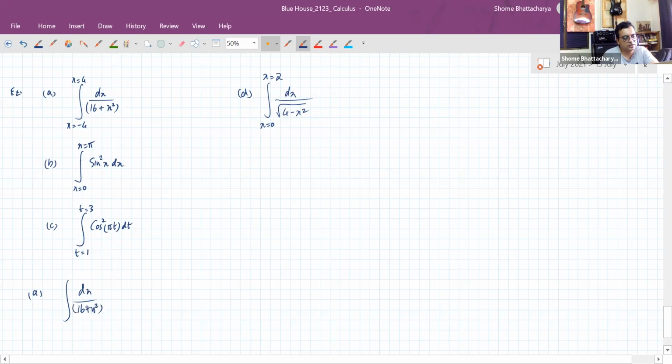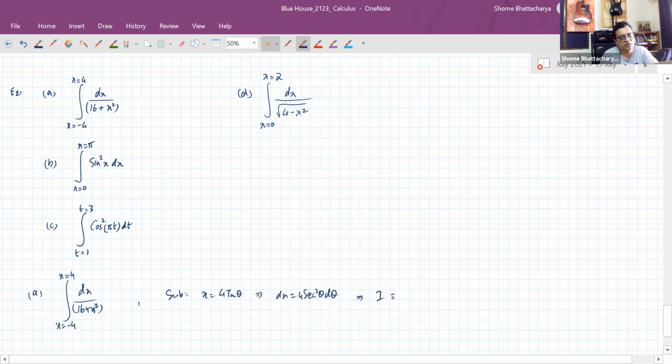So we can solve the integration by either doing substitution or directly applying a formula. So here I'll do substitution. I'll substitute x as 4 tan theta. So dx will become 4 sec square theta d theta.